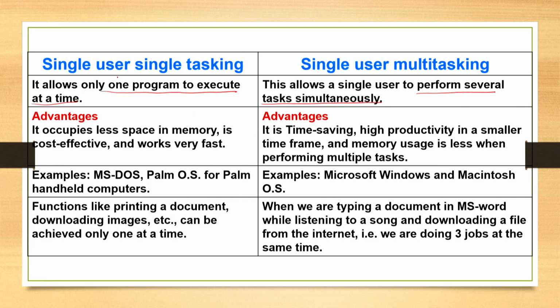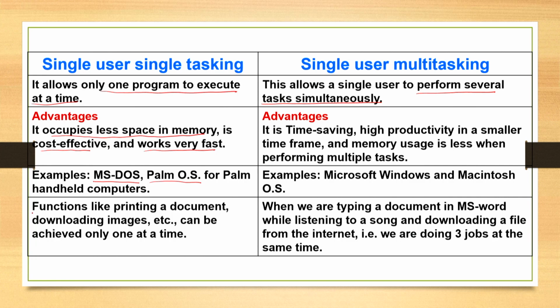The advantage of single user single tasking is what? It will occupy less space in memory, it is cost effective and works very fast. Examples of single user single tasking: the best example is MS-DOS, that is Microsoft Disk Operating System, and the Palm operating system for Palm handheld computers.